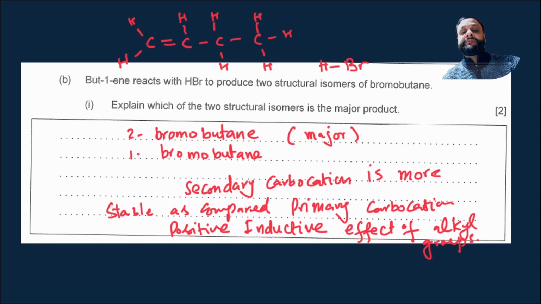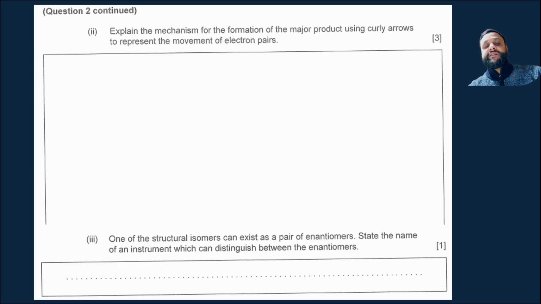Question 2 continued. Explain the mechanism for the formation of the major product using curly arrows to represent the movement of electron pairs. So let's start by writing but-1-ene: C, C, C, and C. The first carbon has a double bond and will have 2 hydrogens.